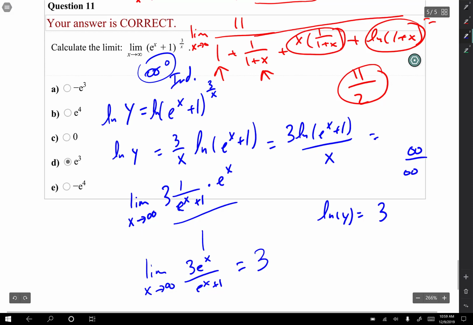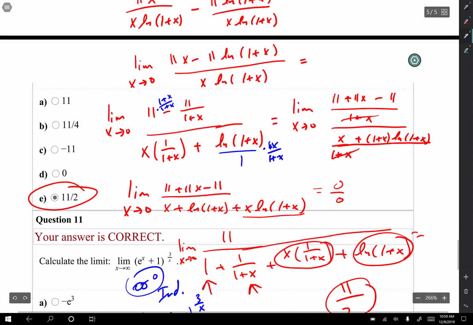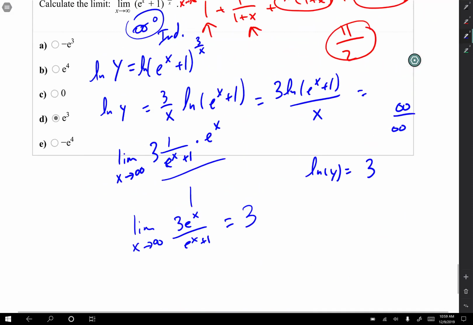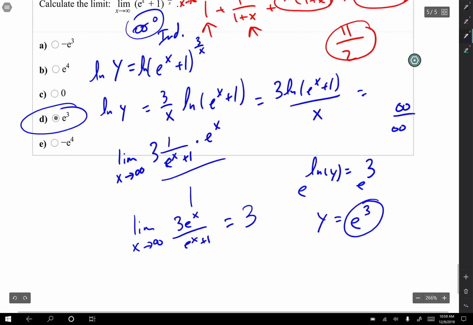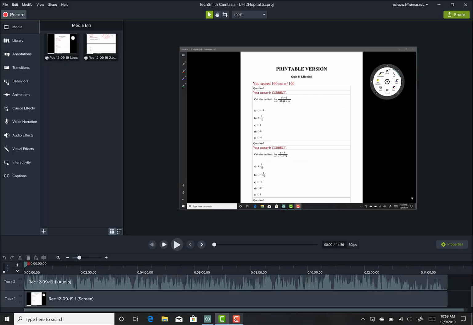I don't want ln. This is just like the last question, just like number 9. You want to get y by itself, guys. So y equals e to the third. So there it is. All right, guys, hopefully you guys liked it.